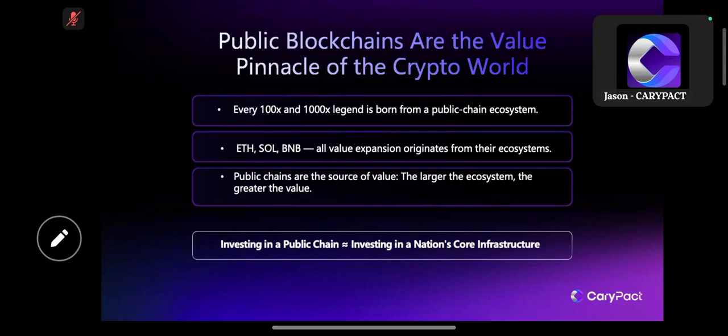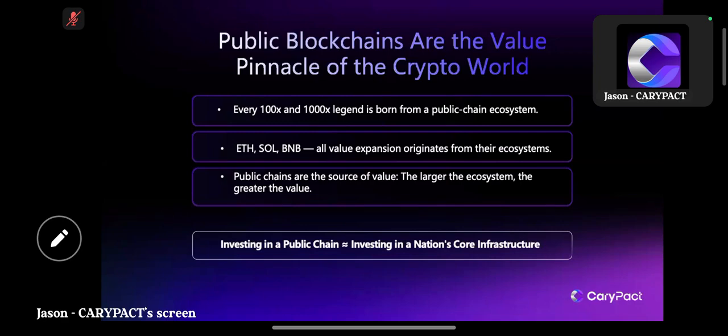As we all know, the legendary 100x, 1000x coins are born from a public chain ecosystem. I believe you will agree with me. The public chain is also a source of value, larger than the ecosystem and the greater for the value.